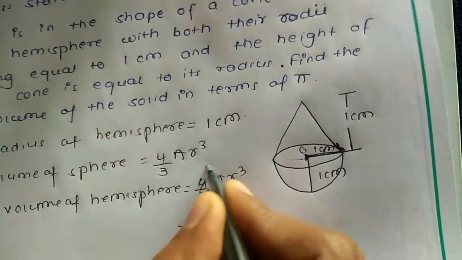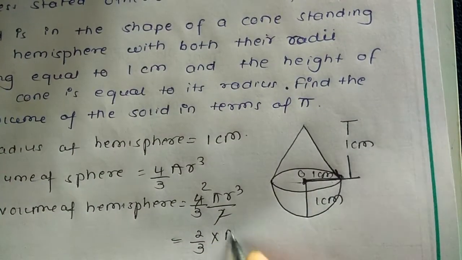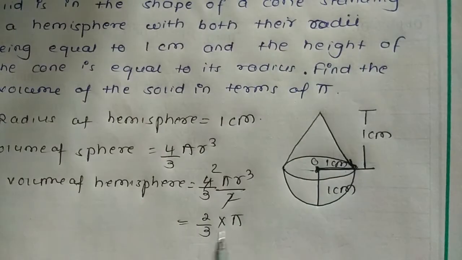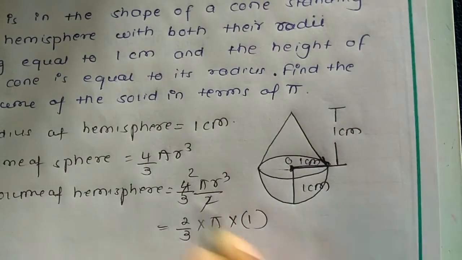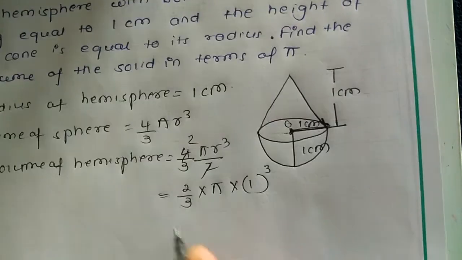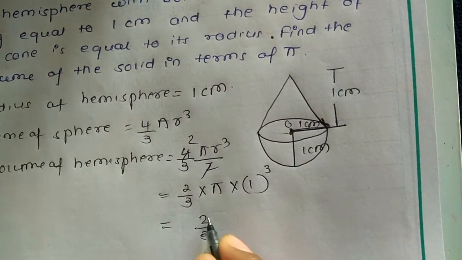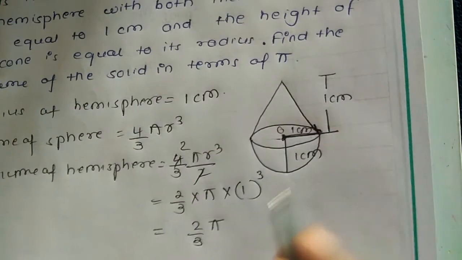You will get 2 by 3 into pi. They said to find the answer in terms of pi, so we keep pi as it is. Then r cube is 1 cubed, which is 1 only. So 2 by 3 pi, and since r is in centimeters, it is centimeter cube. This is the volume of the hemisphere.